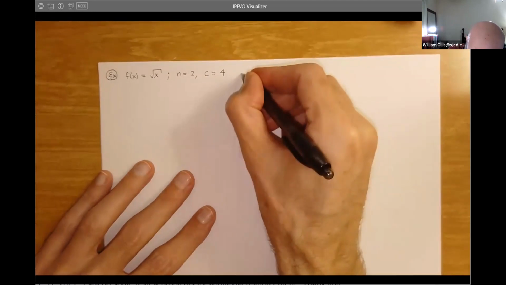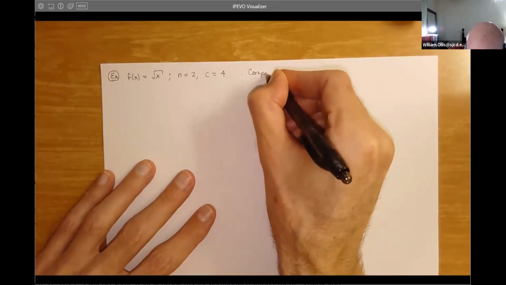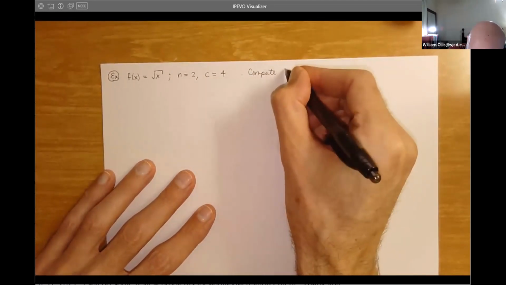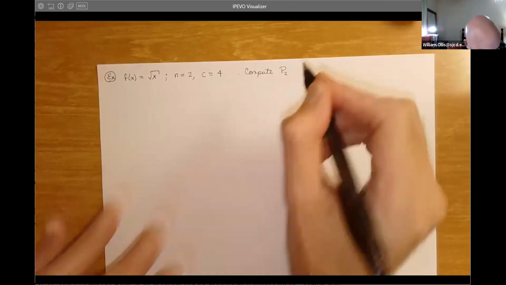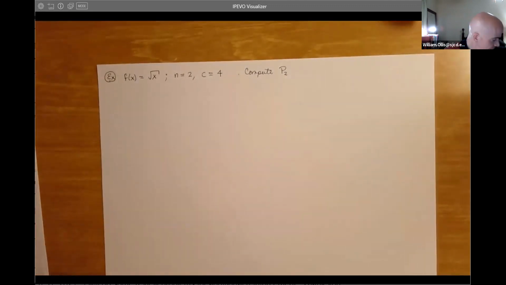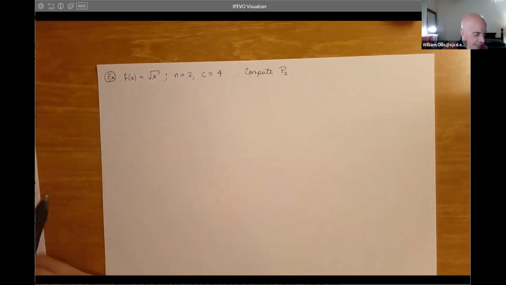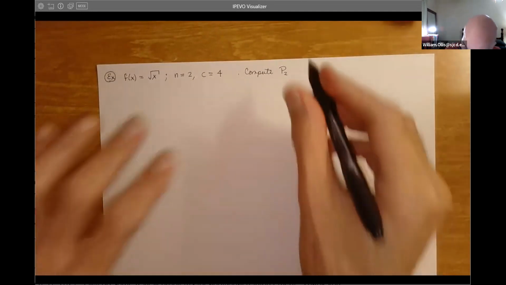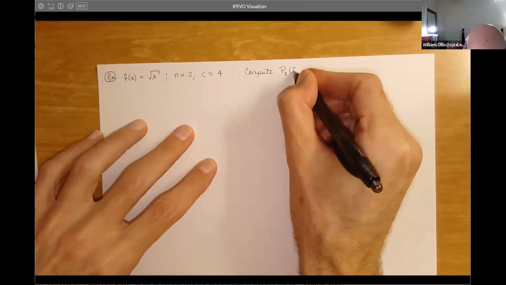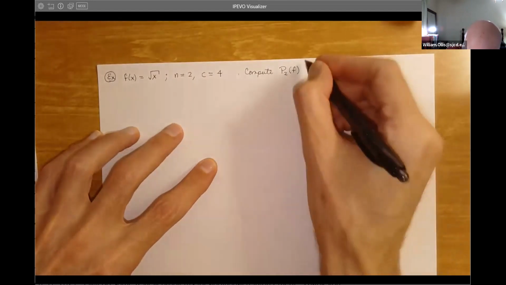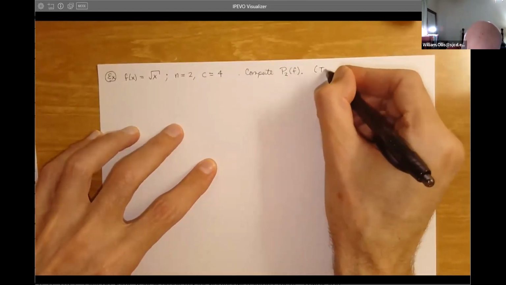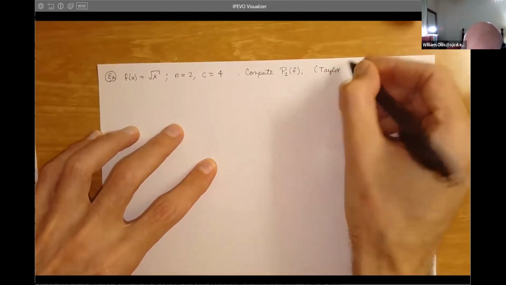So we want to compute P2. And in this case, if you consider the notation that we're doing, and it doesn't really matter, we want P2 of f. And this, in this case, will be a Taylor polynomial.